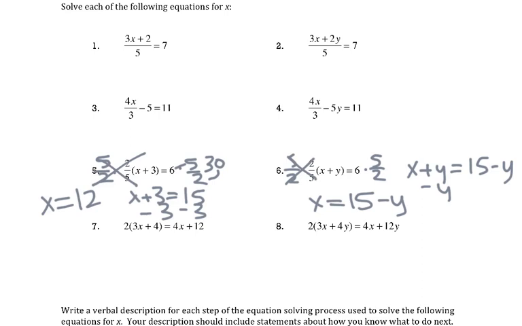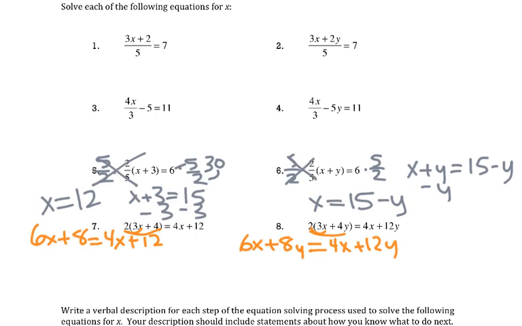Then finally on 7 and 8, I want to distribute that 2 first and get 6x plus 8 equals 4x plus 12, which is the same thing I do for number 8, and get 6x plus 8y equals 4x plus 12y. Then I want to subtract 8 from both sides. 12 minus 8 gives me 4.